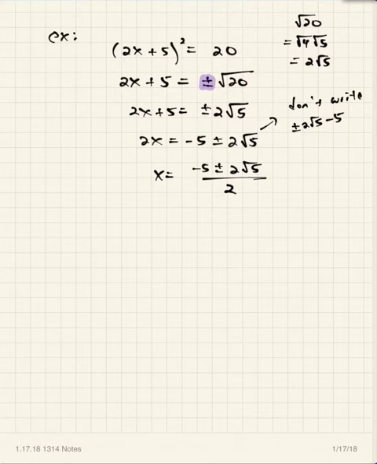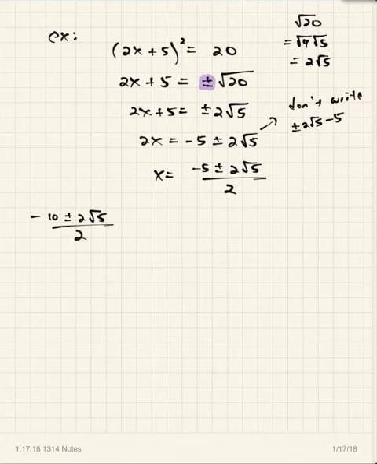Now, a word about simplifying numbers like that, because you're frequently going to have numbers like that to simplify. The only time you can divide out that 2 is if that 2 is common to all the terms. So if you had an equation like, let's say, negative 10 plus or minus 2 times the square root of 5 over 2.